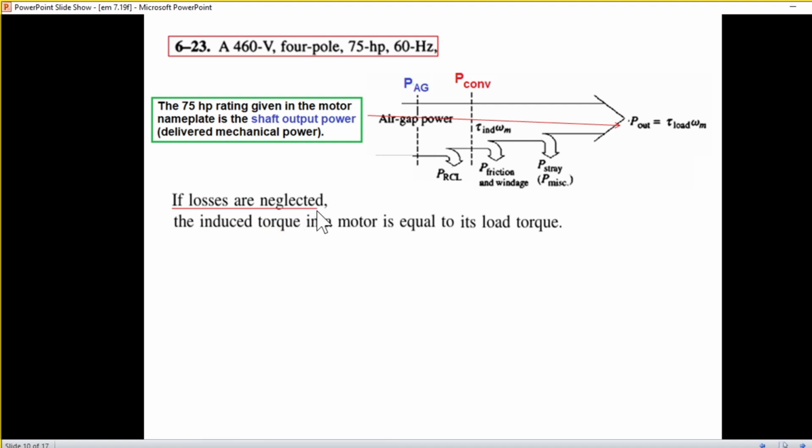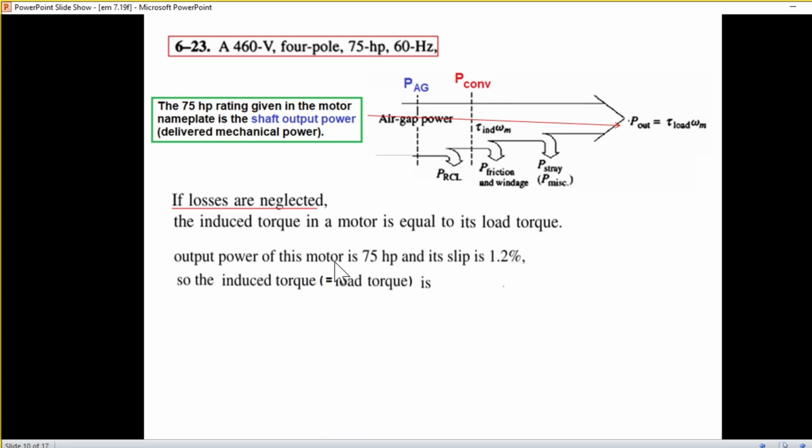Now, if losses are neglected, the induced torque in a motor is equal to the load torque. So we know this 75 is the power here, and this is representing in a way the load torque. And if we neglect these losses, then load torque will be equal to induced torque, because power out will be equal to power converted.